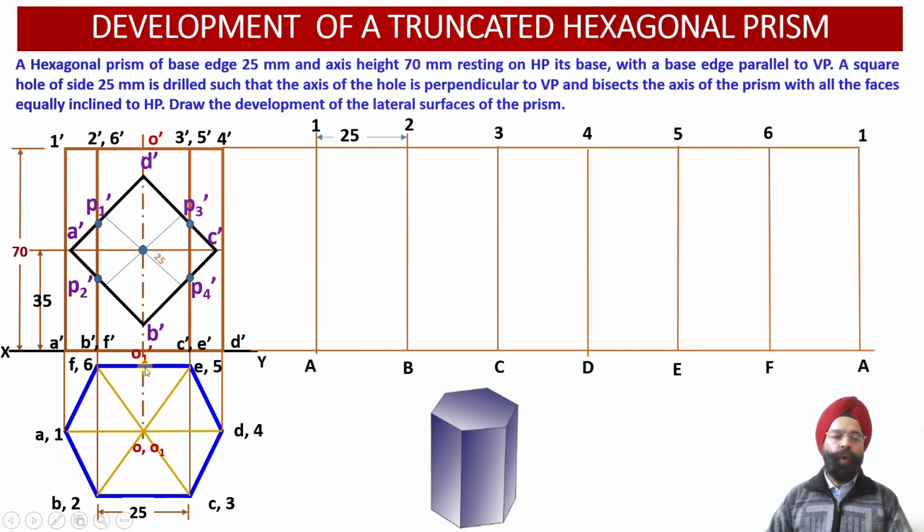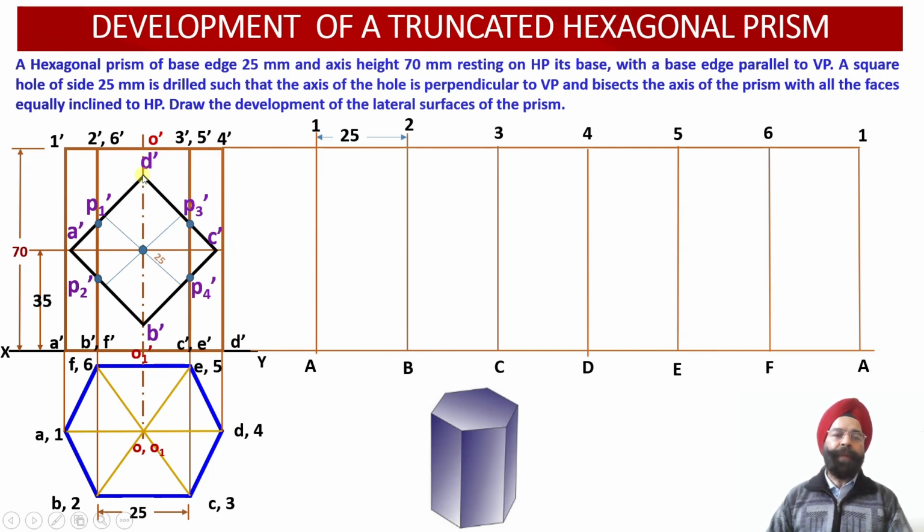So onto 2 projector lines which we will be obtaining into the development surface view, the midpoint of EF we will be evaluating and the midpoint of BC we will be evaluating. So corresponding to this, 2 vertical projectors we are going to obtain over there, onto which points B dash and D dash will be located.